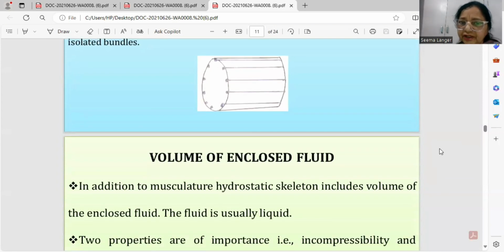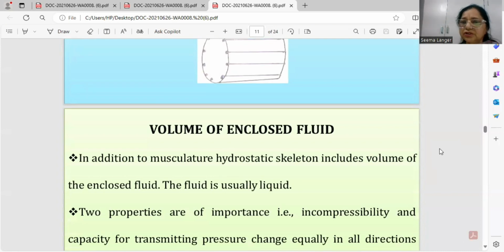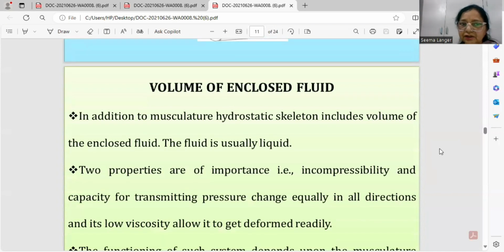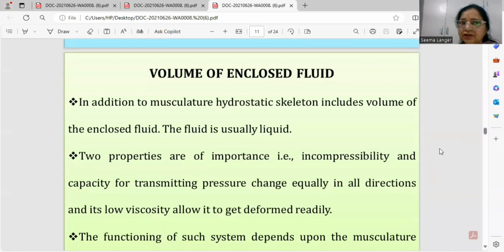The second important thing is the volume of enclosed fluid. In addition to musculature, what is the function of this enclosed fluid? This enclosed fluid acts as a skeleton. Surrounding it are circular muscles, the muscles which control the diameter.